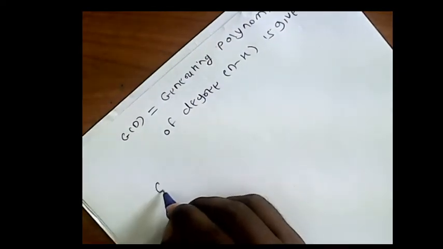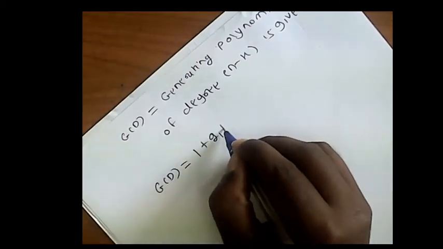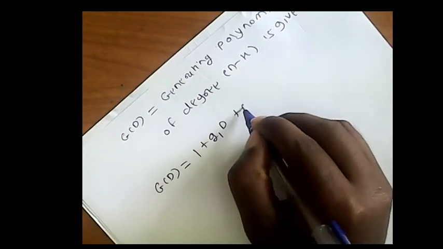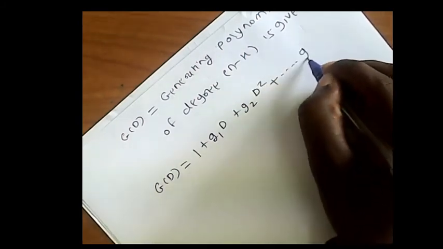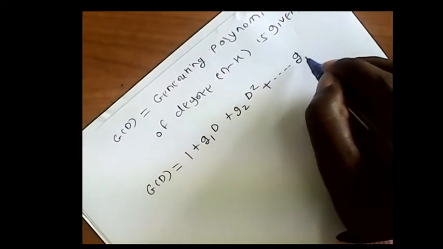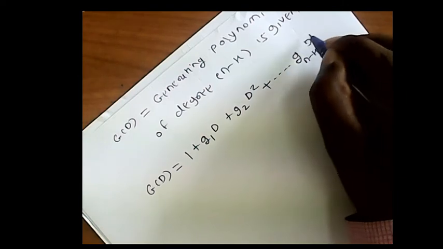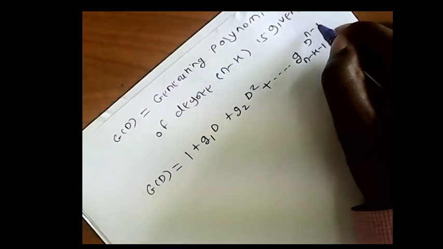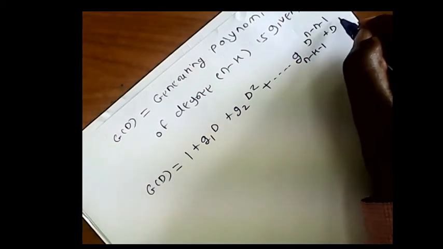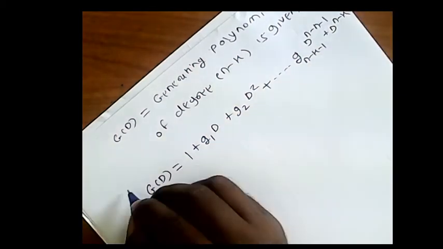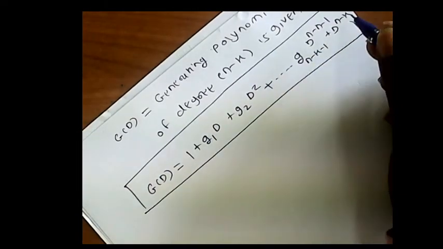So g of d is equal to 1 plus g1 into d, g2 into d square, up to g n minus k minus 1 d raised to n minus k minus 1, plus d raised to n minus k. So this is the equation to obtain the generator polynomial.